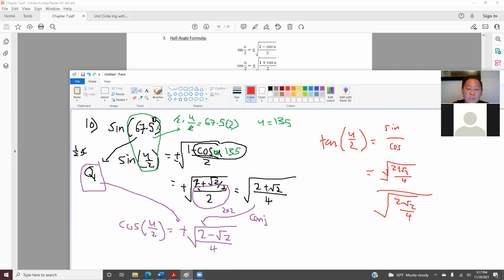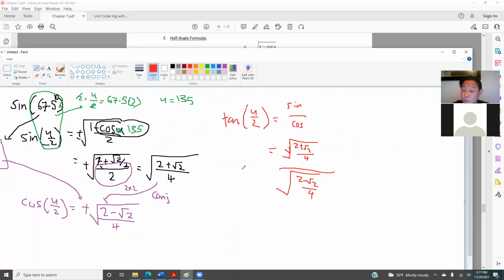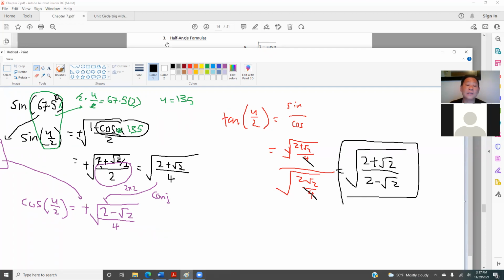The good news is they all have square roots and they all have 4 in the denominator, so you can cancel the 4. What you are left with is 2 plus root 2 on top and 2 minus root 2 on the bottom, and then you take a square root. So this is the tangent piece.